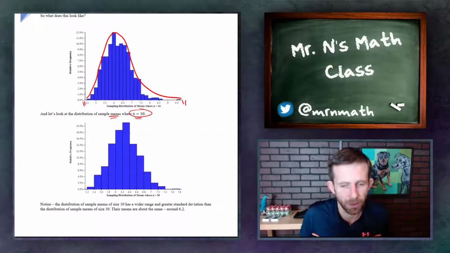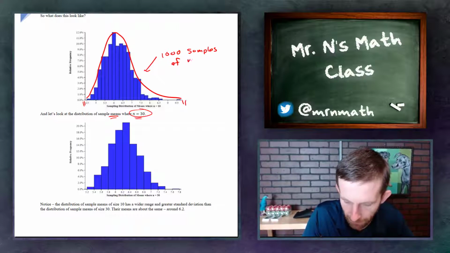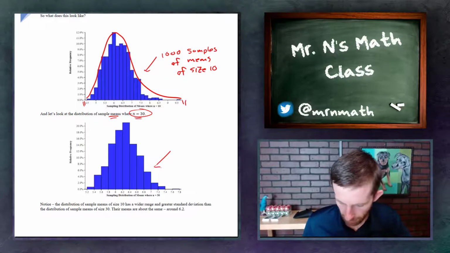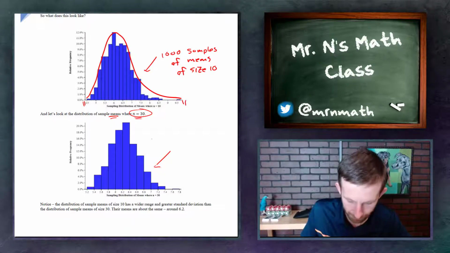So now these distributions are the 1,000 samples of means of size 10. And here are the 1,000 samples of sample means of size 30.